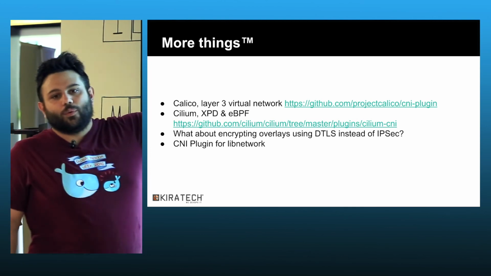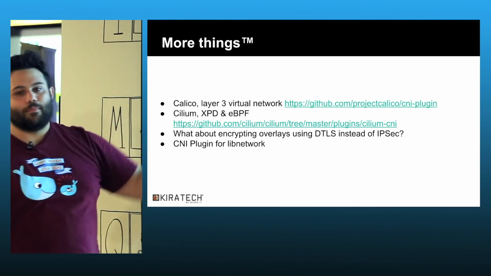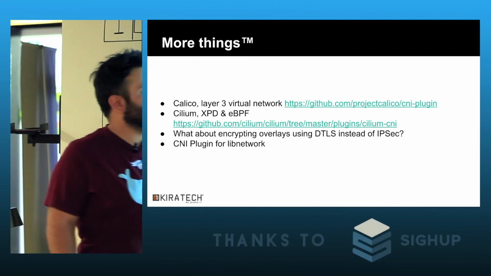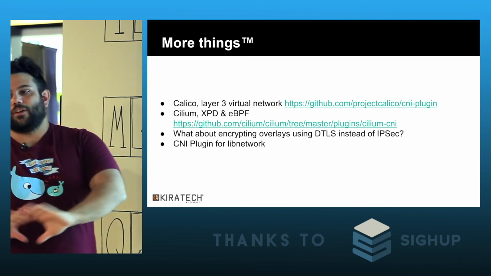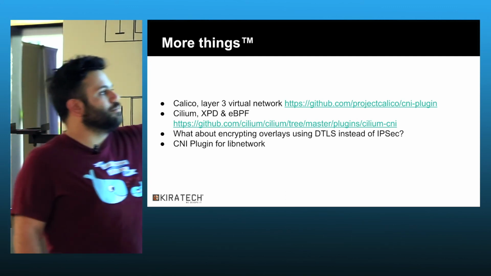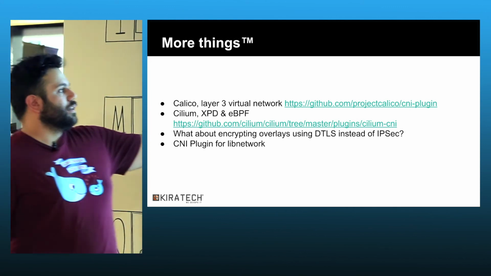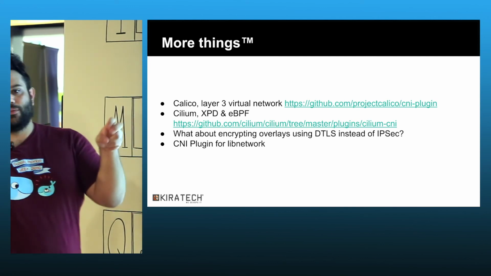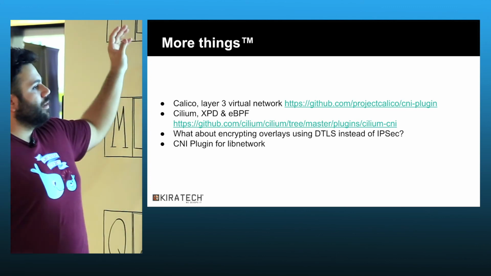If you don't want to go with overlays, you can use SDN, but at layer 3 with Calico. There are also plugins that are not set up as networks, like Cilium, which sets up a set of eBPF XDP filters, which are used to provide firewalling and packet filtering to containers.